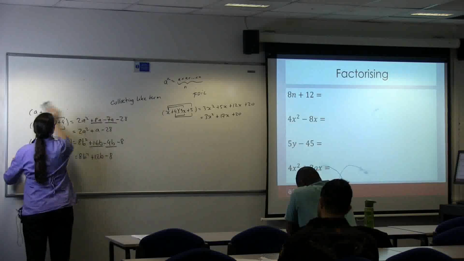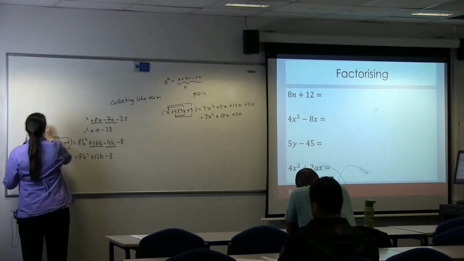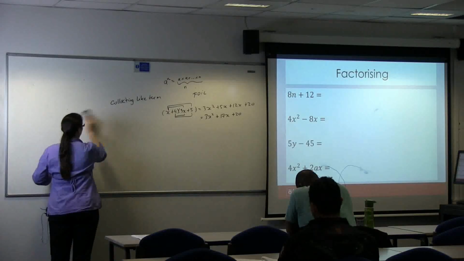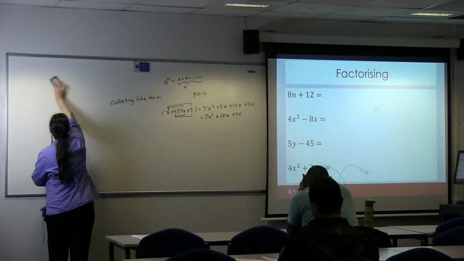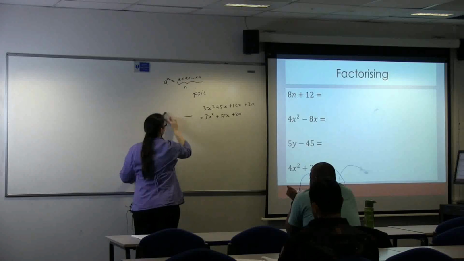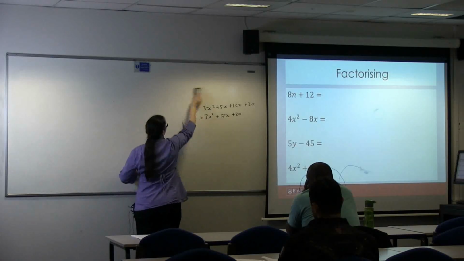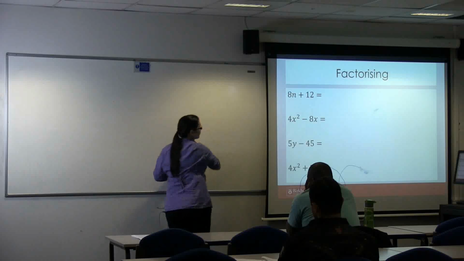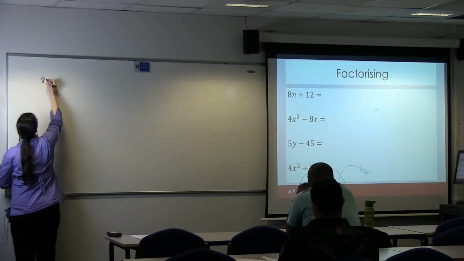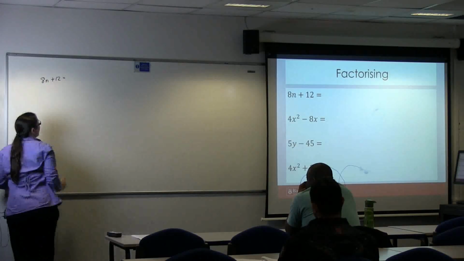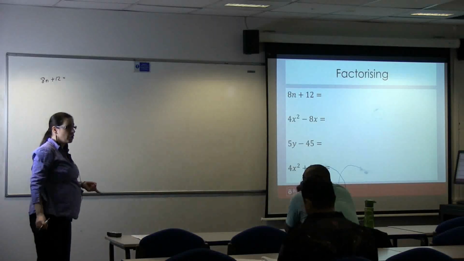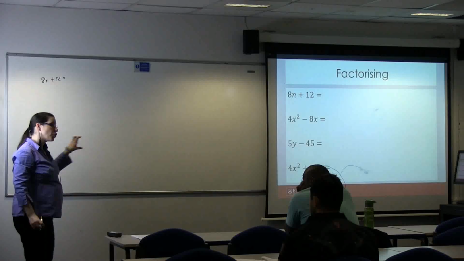Now, what we've just done, we were multiplying out brackets. The other way around is called factorization. So what you do in here, you look at the terms in your expression and see, are there any multiples there that I could bring out in front? So if I look at 8n plus 12, I notice that both numbers, 8 and 12, are even. So one obvious way would be I could factor out 2.